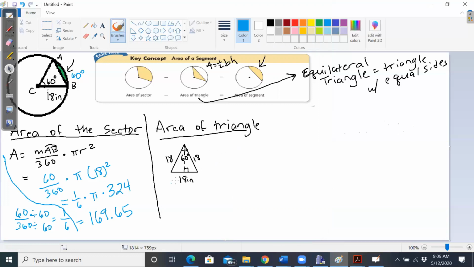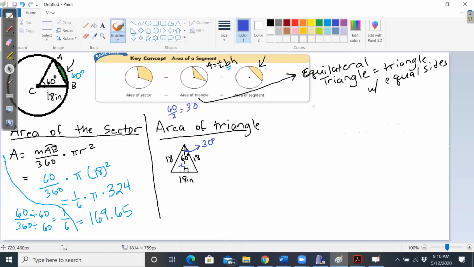And now we have to move on to the area of the triangle. With this triangle, they gave us the angle, it's 60. But if we remember from the area of a triangle, we need the base. So we need this dotted line that cuts through the 60. First we want to cut the 60 in half. Half of 60 is 30, so this angle right over here will be 30.